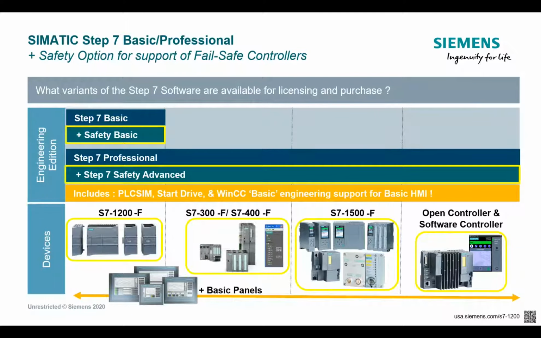Step 7 Basic doesn't limit you from a programming language standpoint. You can program in structured text, statement list, ladder, function block diagram. And an important thing to note is that Step 7 Basic does include WinCC Basic. So if you want to program a basic panel, you don't need to purchase an additional license to be able to program the HMIs.